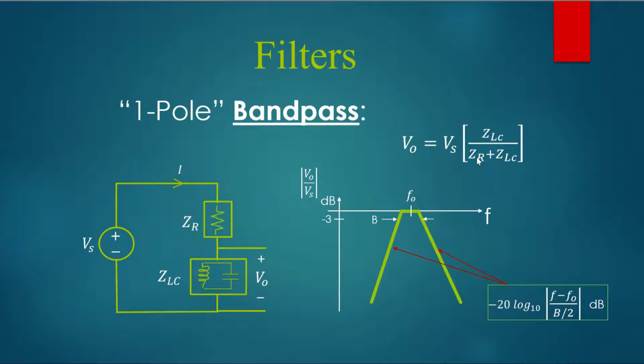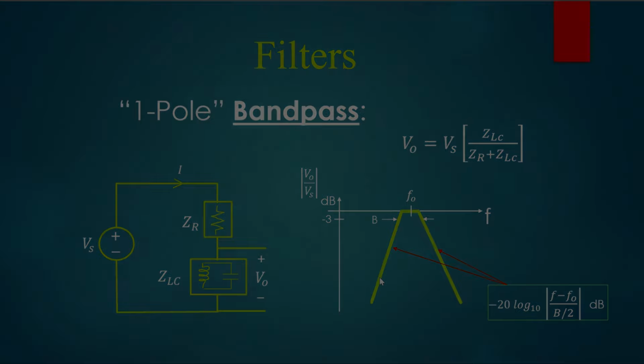It dominates the resistance. So it's just ZLC in the denominator, ZLC in the numerator, and so you get 1, and so you have 0 dB. But then at higher frequencies, the capacitor is shorting out, and so the response drops off. At low frequencies, below the center frequency, the inductor shorts out and the response drops off.